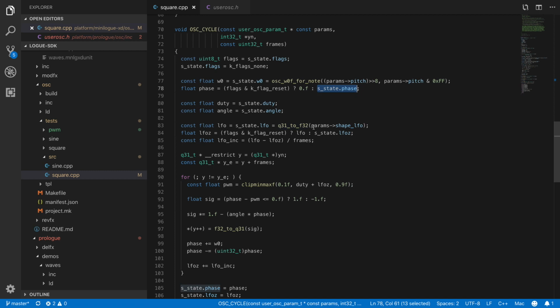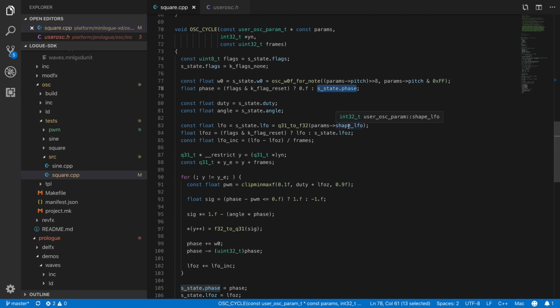Now fetch the parameter's LFO amount and convert it. The LFO shape amount is being set by the user, and this is the returned value over here. So what we get is basically a value from the LFO and how, in the amount, it modulates our shape waveform.